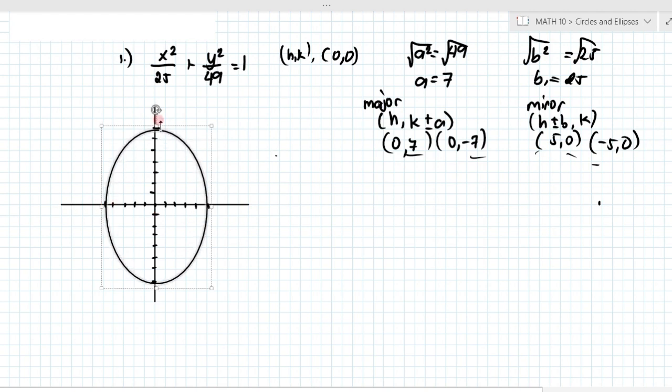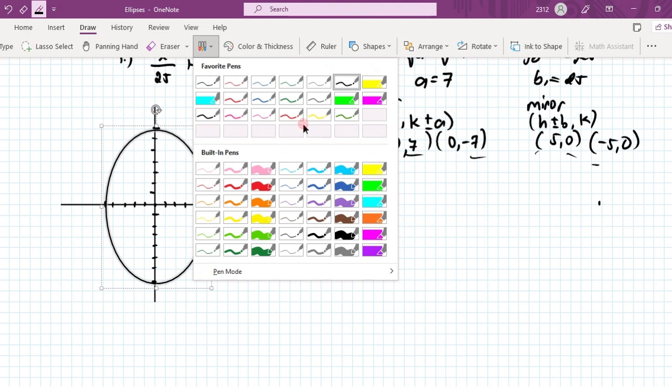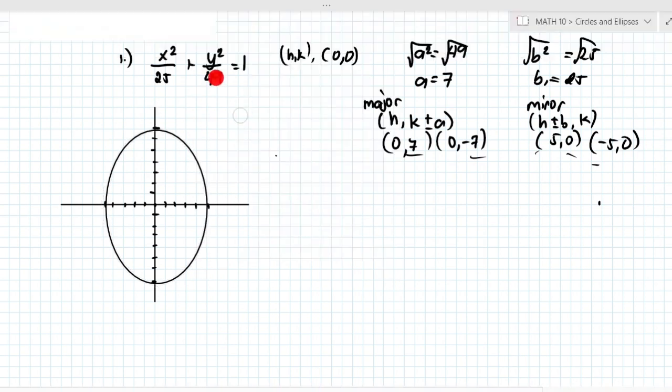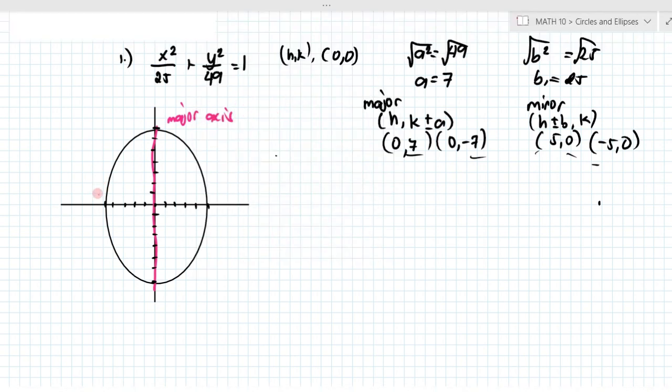So that's our ellipse, wherein this line is our major axis, and this line is our minor axis.